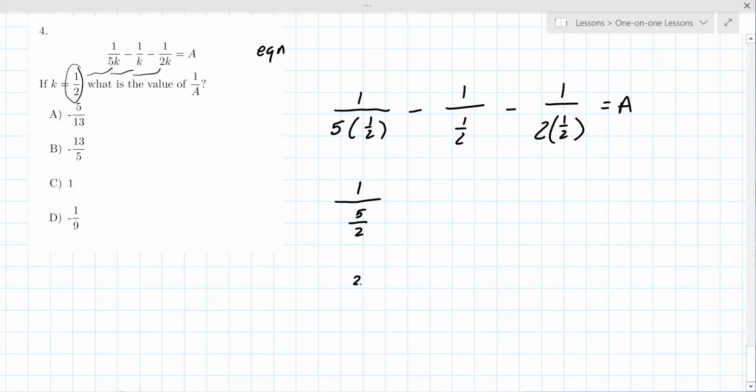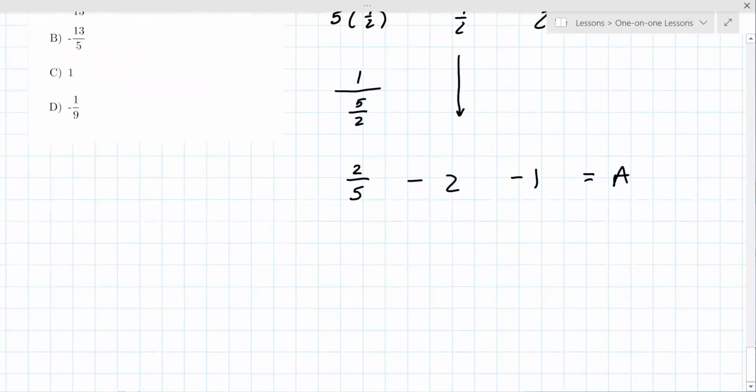So if you can immediately see that that's 2/5, you're in really good shape. This one becomes 2. This is 1 over 1, which becomes 1, equals a. Okay. So now what do you see doing here on this left side? How would you simplify that?